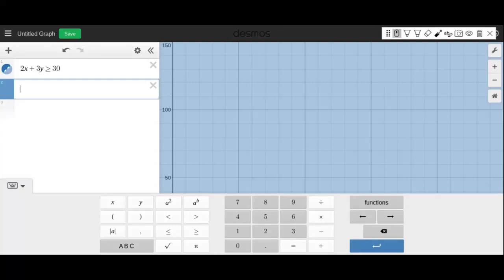And our second inequality was just x plus y greater than 15.